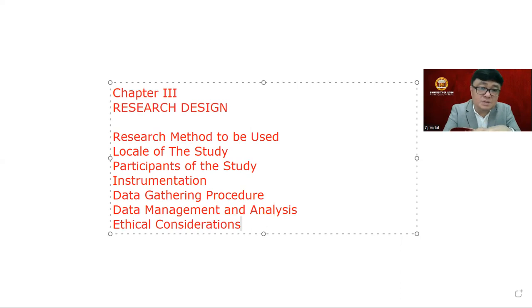So research methods, based on our previous discussions, may be classified in varied ways. We can have it on the basis of the time element, where there are 3 fundamental types, such as historical, descriptive, and experimental.